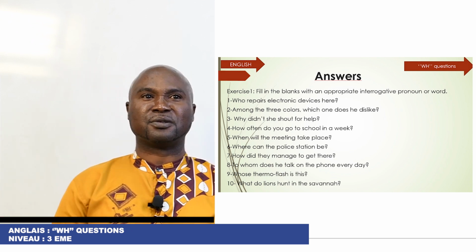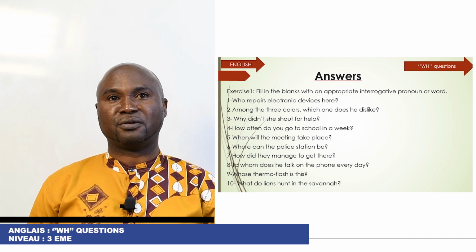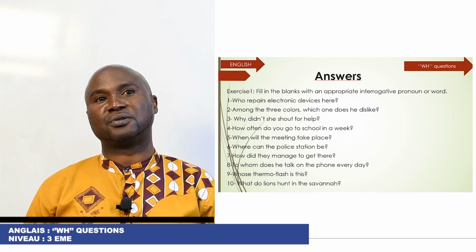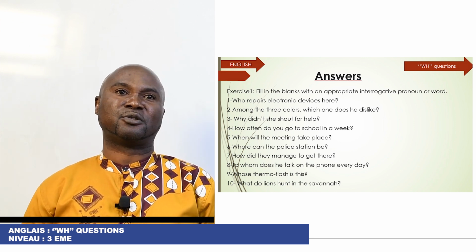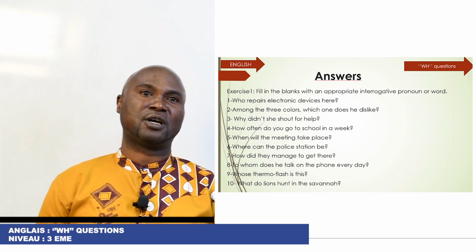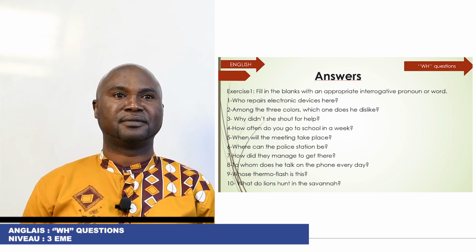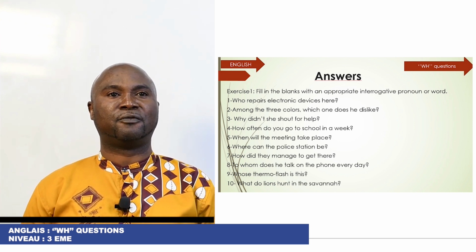So here we have exercise 1. Fill in the blanks with an appropriate interrogative pronoun or word. 1. Repairs electronic devices here. 2. Among the three colors, one does he like? 3. Didn't she shout for help? 4.